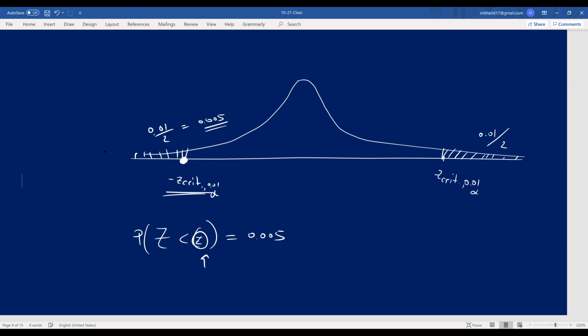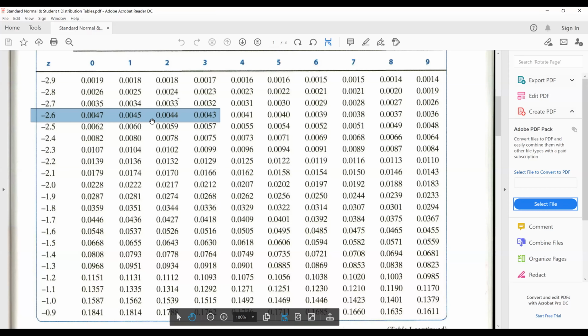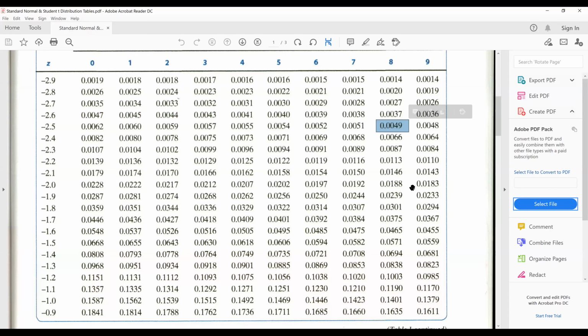So you look for this probability in the table, and you see that the closest to 0.005 is this one or that one, but people take 0.0049 as closest to 0.005.